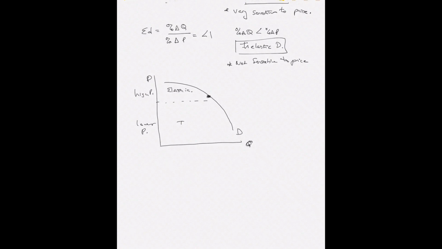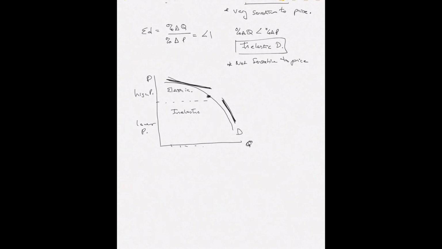So really what we look at is that most of the time we have elastic demand whenever prices are high. Inelastic demand is going to be where we have these lower prices down here. And so the concept of demand really is not as simple as just either one or the other. It can change over time.